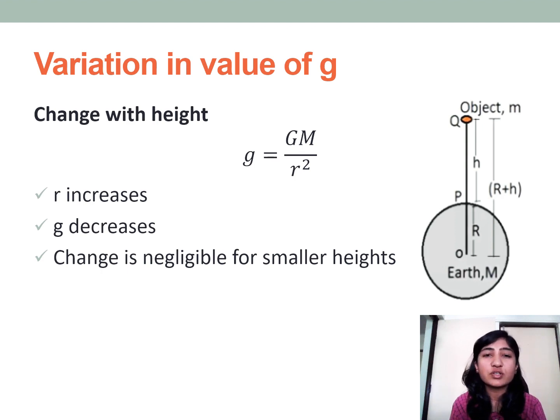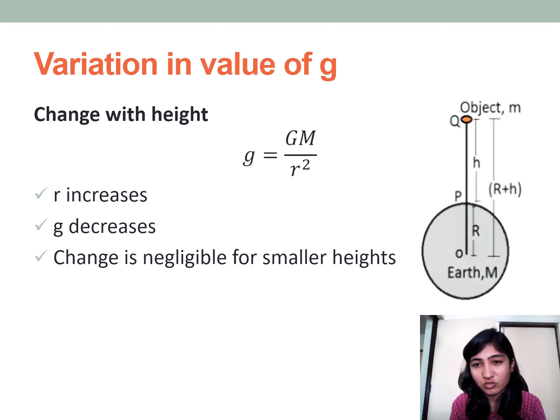So now the next variation is variation with height. We have seen the value of g at different points on the earth. Now how does it change with the height above the earth? Consider this diagram. This is the center of the earth, capital R is the radius of the earth, and the distance from the surface is taken as h.